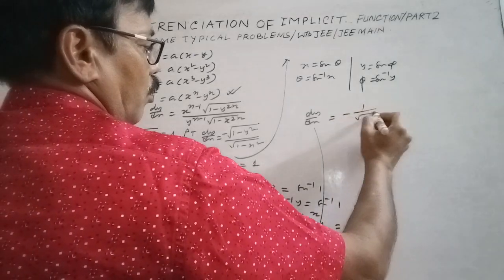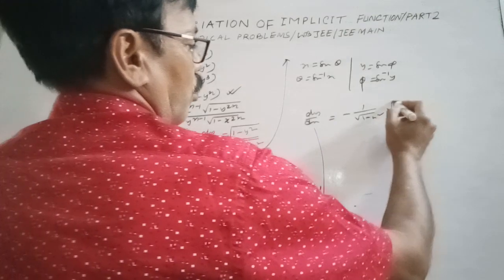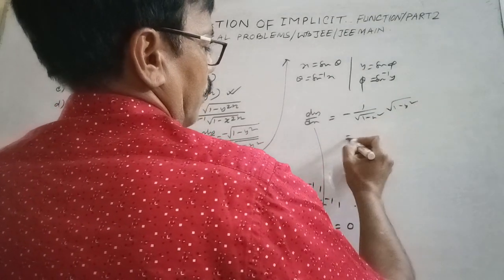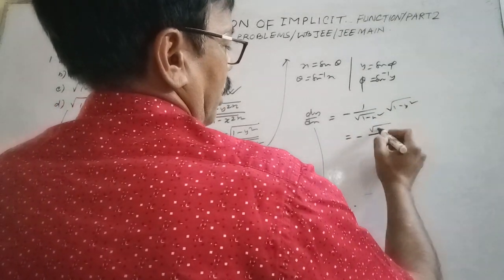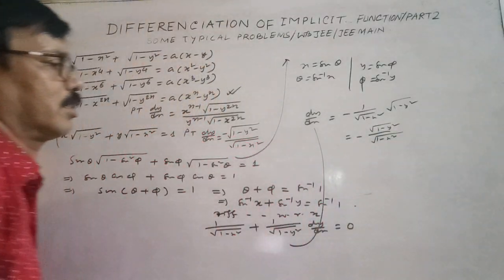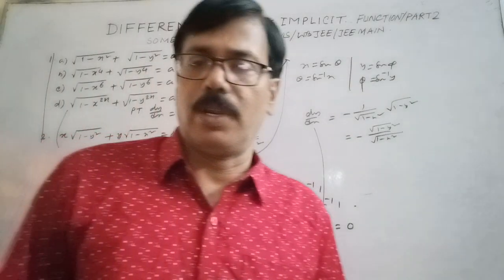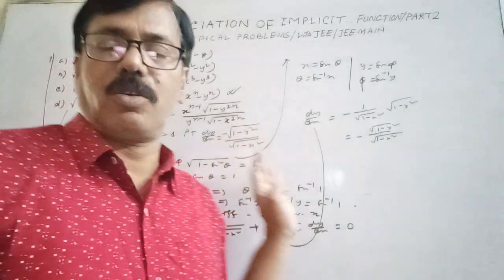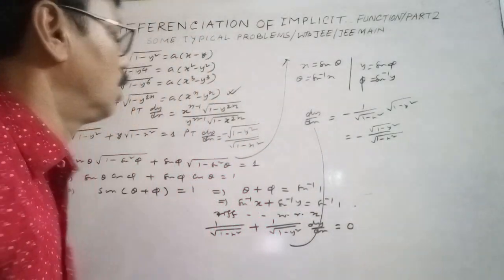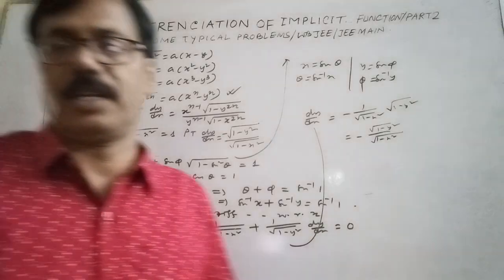Minus root under 1 minus x square and 1 minus y square will be at the left. So we are getting root of 1 minus y square by 1 minus x square. These are typical problems of completion also, so you have to remember that technique.